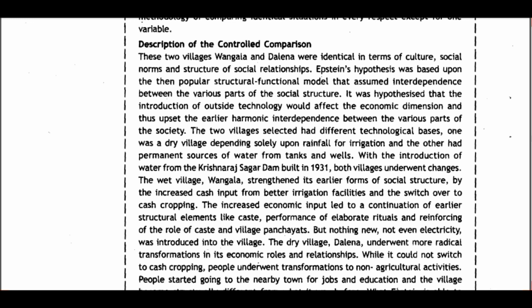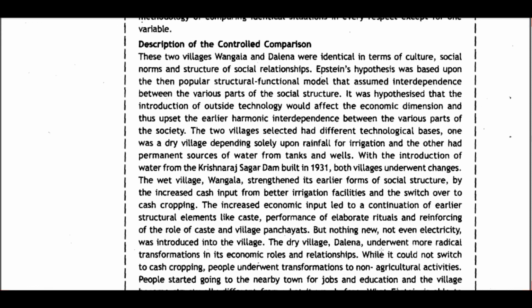The wet village Vangala strengthened its earlier forms of social structure by the increased cash input from the better irrigation facilities and the switch over to cash cropping. The increased economic input led to a continuation of earlier structural elements like caste, performance of elaborate rituals, and reinforcing of the role of caste and village panchayat. But nothing new, not even electricity, was introduced into the village.